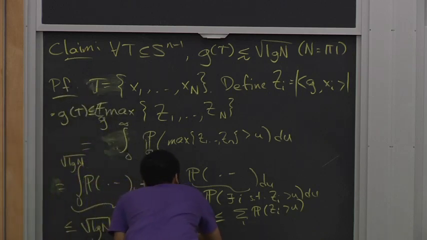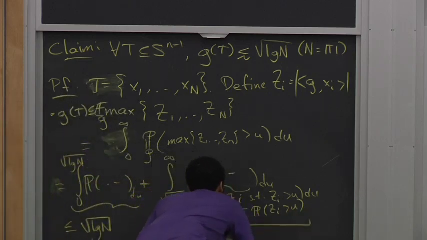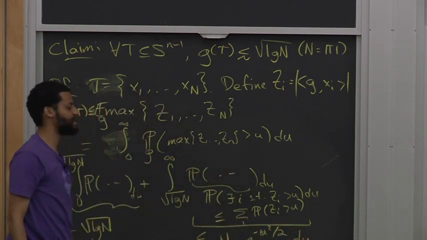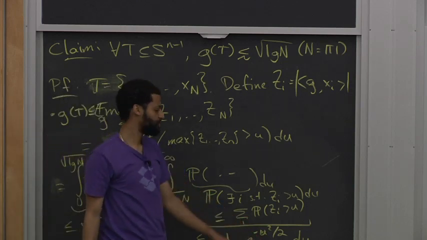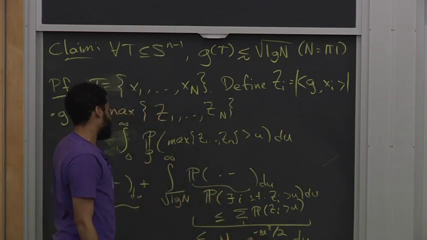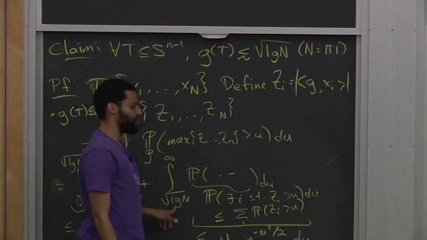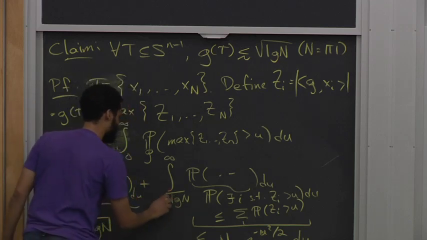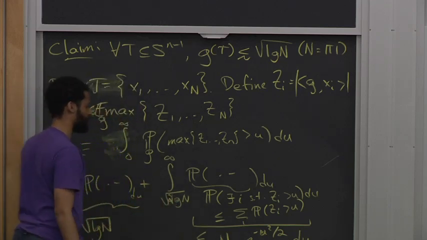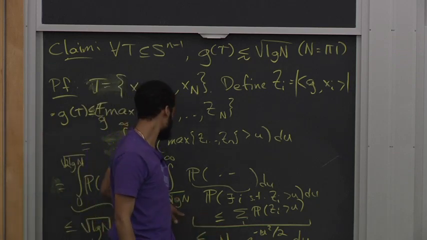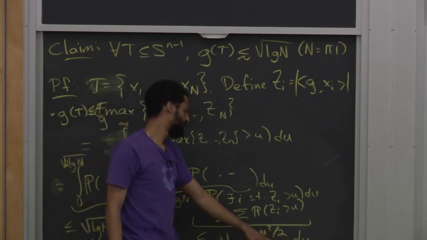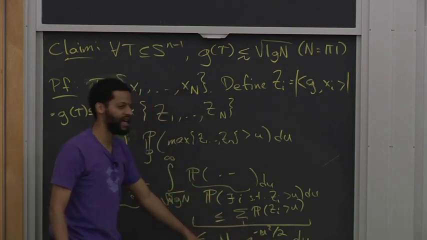So this whole thing is at most n times e to the minus u squared over 2 du. Right, this is how a Gaussian tail bound behaves. And because we started our integration at root log n, let's even put it as square root of 2 log n or something to basically kill this n. e to the minus square root 2 log n squared over 2 is 1 over n, which kills that n.